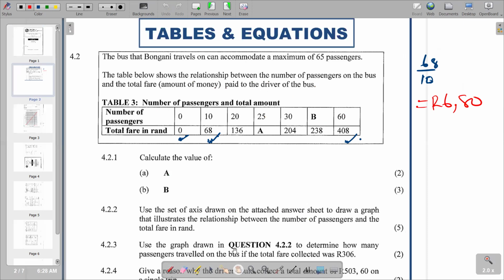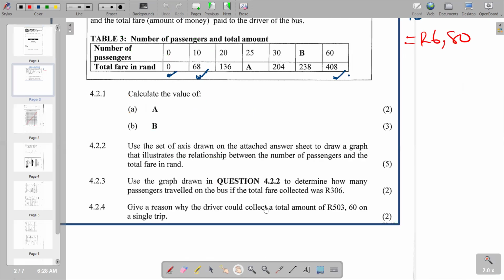So basically, if the driver could collect now 503 rands 60 cents, which is more than what 65 passengers, the maximum number of passengers, can deliver, it means some of the passengers are dropped along the way, and we've got more passengers that boarded along the way.